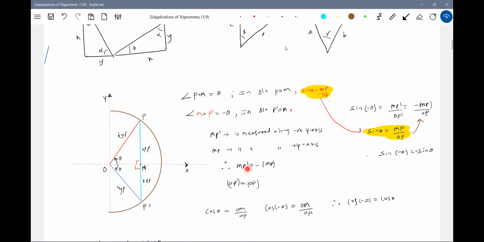Therefore, MP dash is equal to minus MP. I think this is an important thing to notice here. And as we have a circle, OP is equal to OP dash. It is a part of a circle, so OP and OP dash are the radius of the circle.